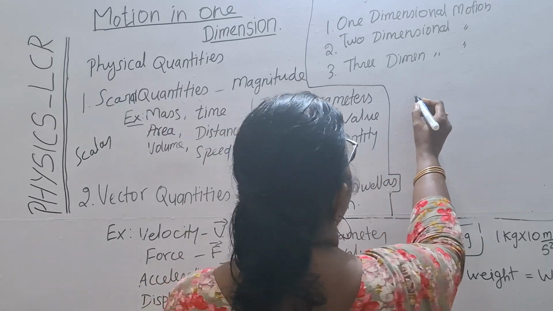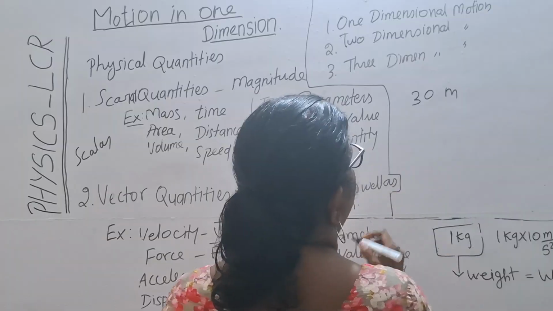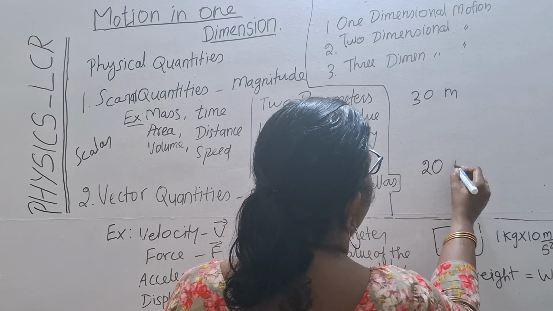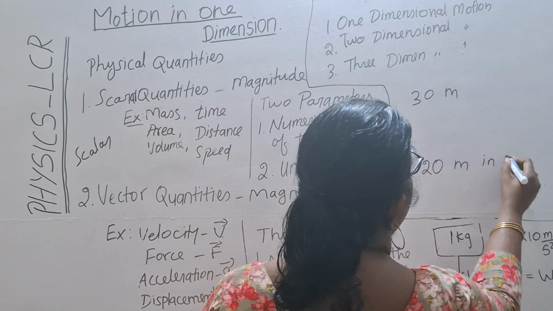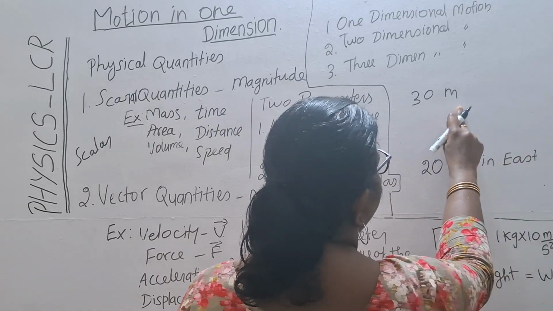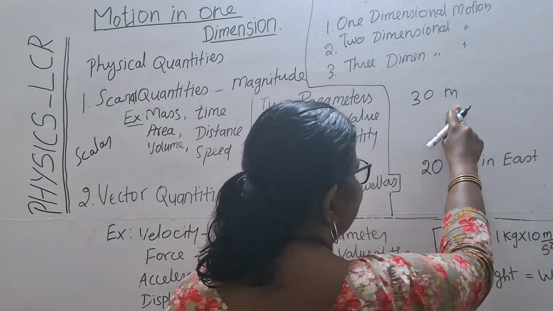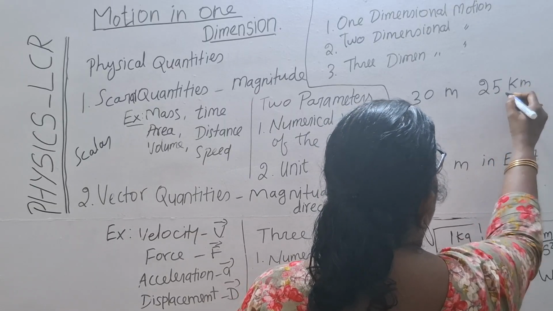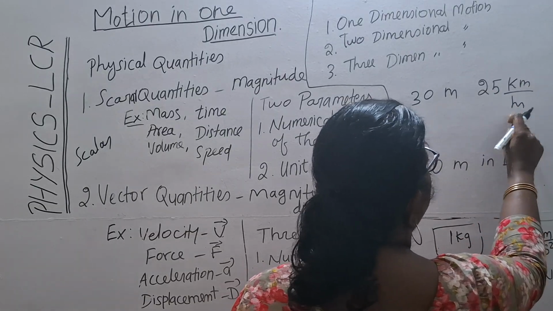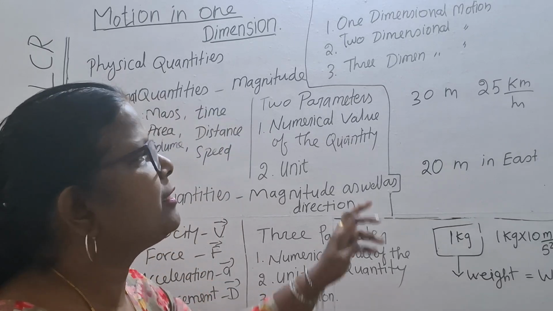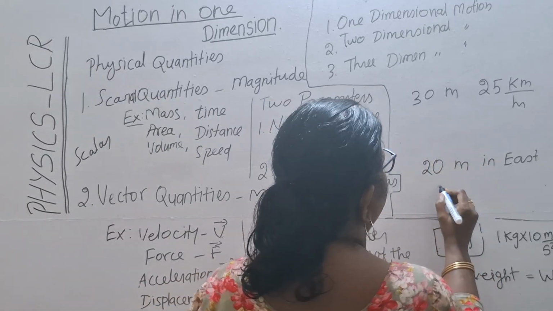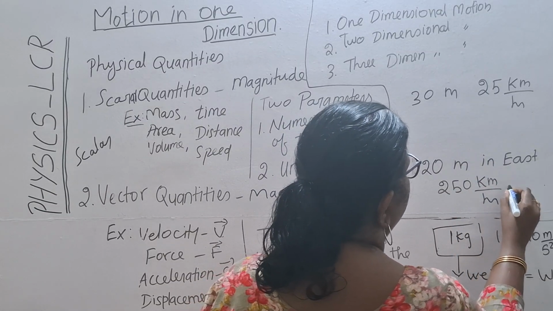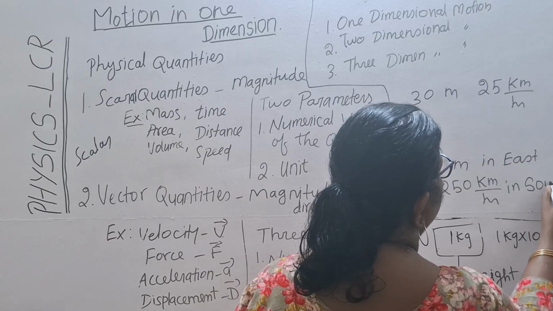For a scalar quantity, for example 30 meter. 20 meter in east is a displacement. 25 kilometer per hour is a speed. Same here, 250 kilometer per hour in south.